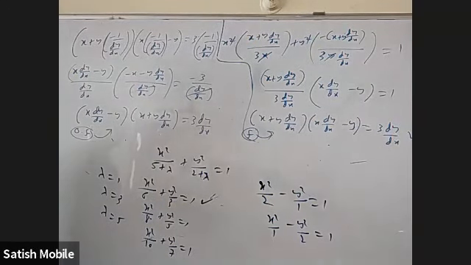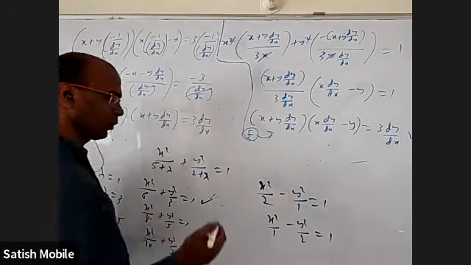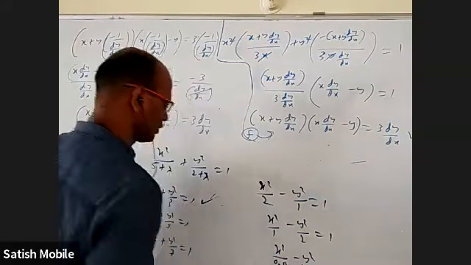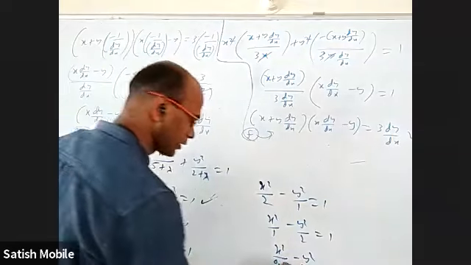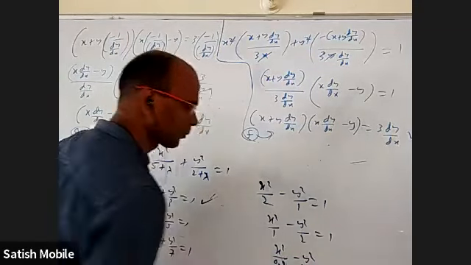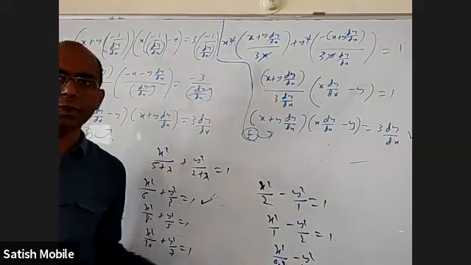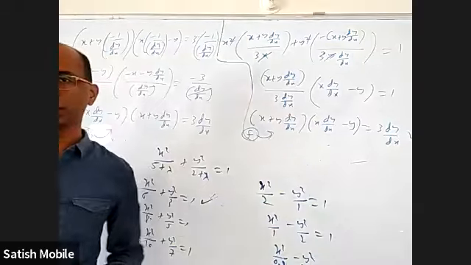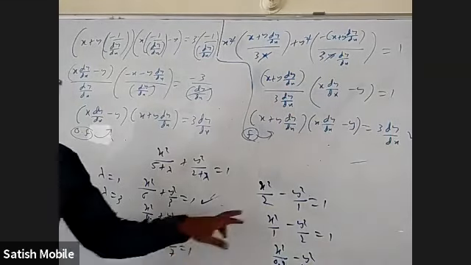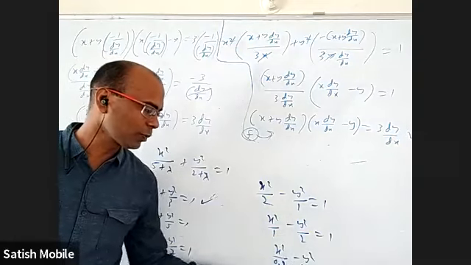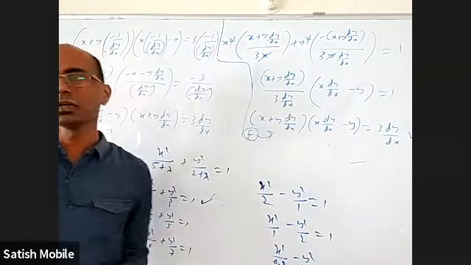Let me take lambda equal to minus 4.8, this will be x square by 0.2, since 0.2 is 5 minus 4.8, and minus y square by 2.8, since 2 minus 4.8 means minus 2.8, equal to 1. All these are hyperbolas. And what is AE, the foci for that? Root a square plus b square. What is root of 2 plus 1? Root 3. Root of 1 plus 2, root 3. Root of 0.2 plus 2.8 also root 3.